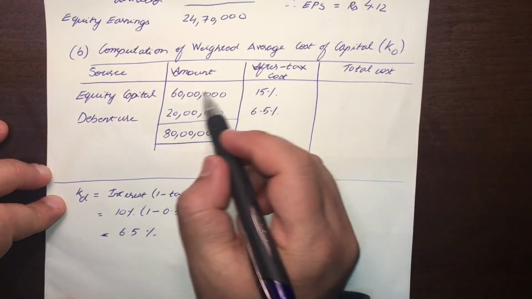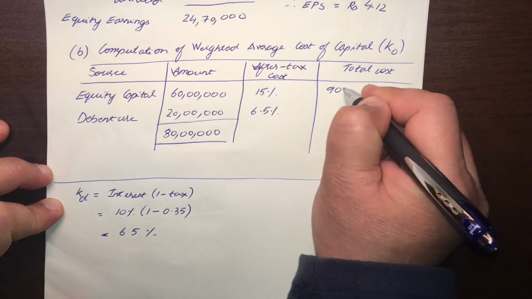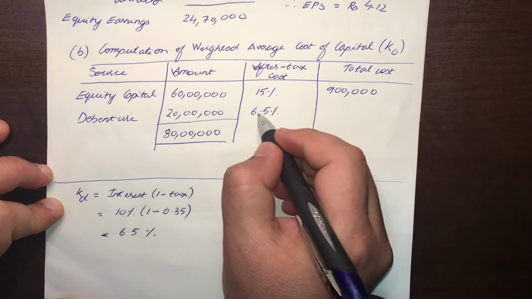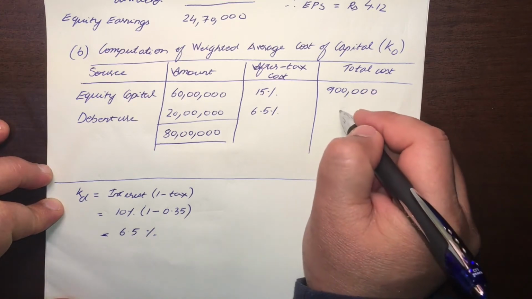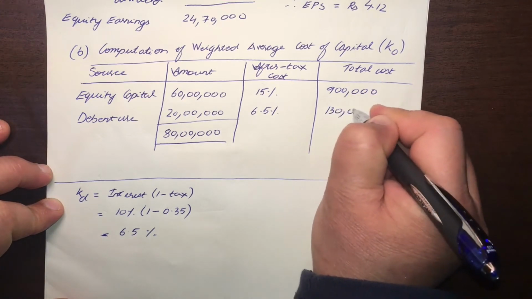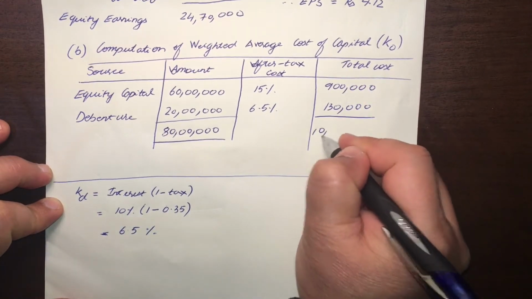So take 15% of 60 lakhs, that is 9 lakhs. 6.5% of 20 lakhs is 1 lakh 30,000. Add that up, it'll come to 10 lakhs 30,000.